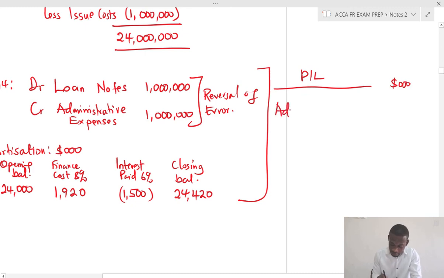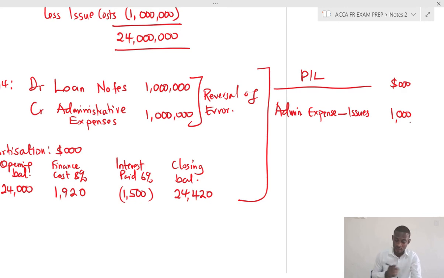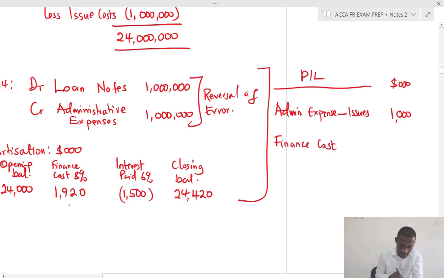As part of the admin expenses, we will deduct the issue costs. So the 1 million becomes a positive in the P&L because we are deducting it from admin expenses. And then we bring the finance cost, which is the effective interest of 1,920, and this is an expense.